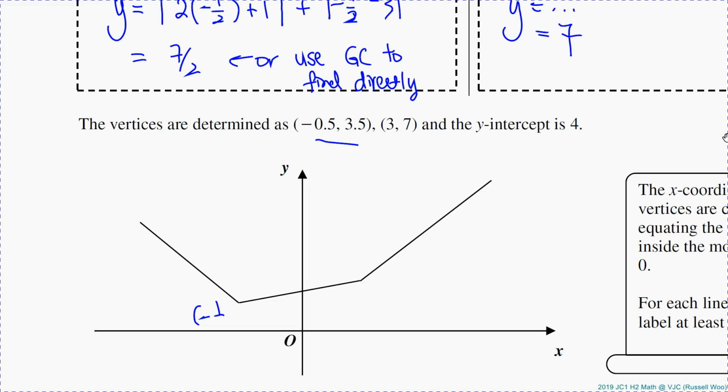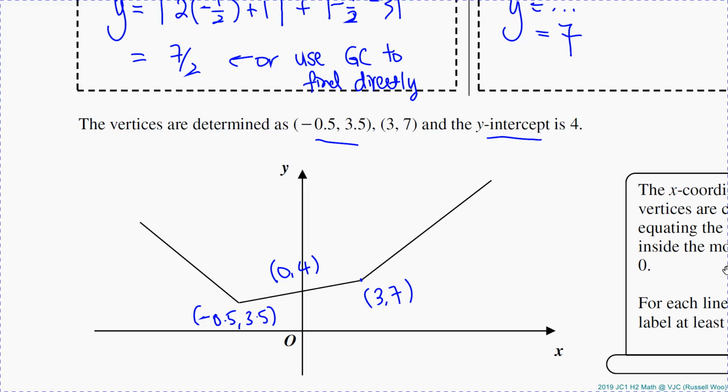The vertex is 3, 7. And the y-intercept is 4. This one is 0, 4. And I just taught you how to find the intercept. All okay?